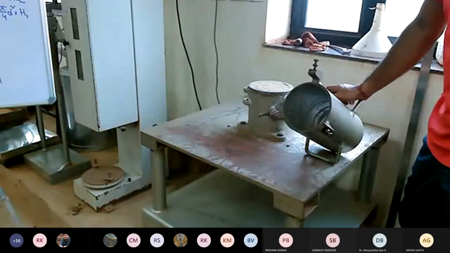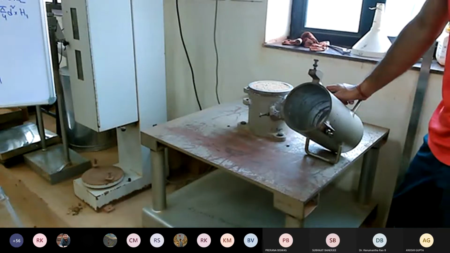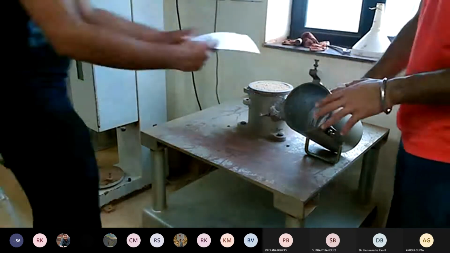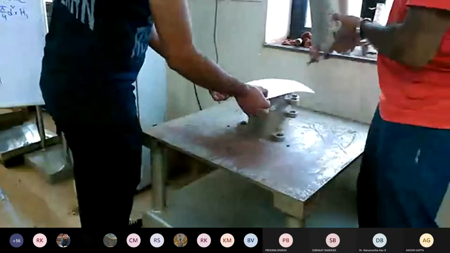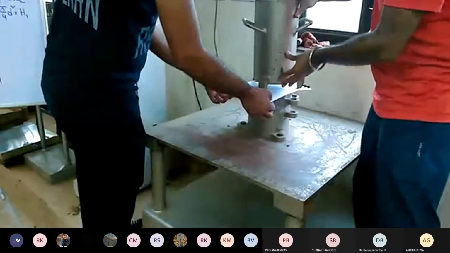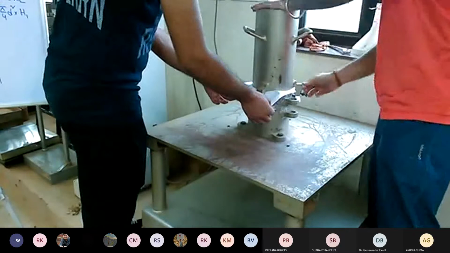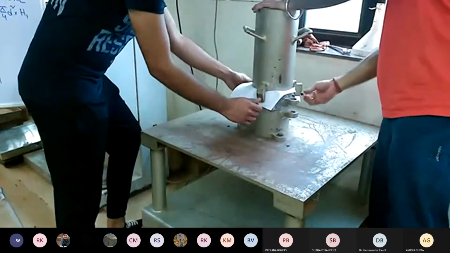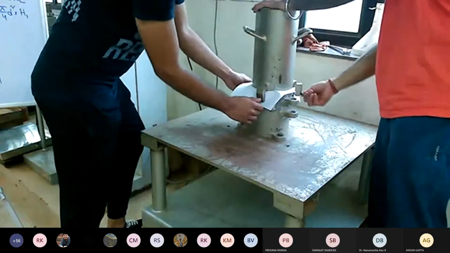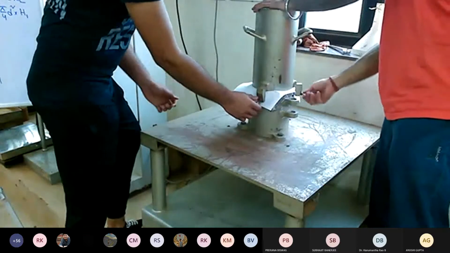कोई भी पेपर चलेगा. No, no, no. You have to cut the paper and put it on.